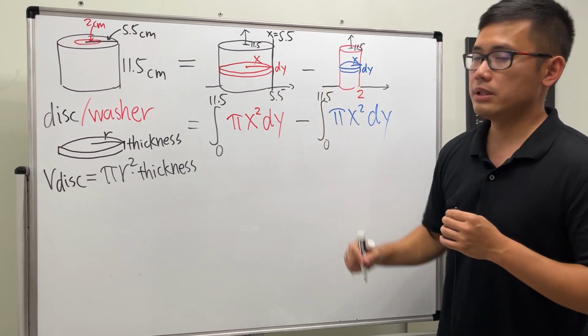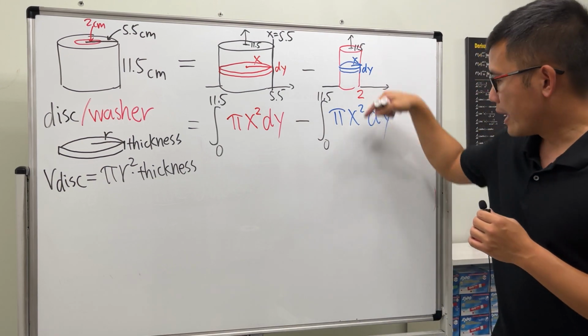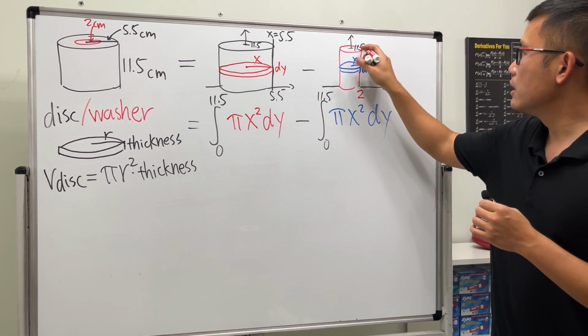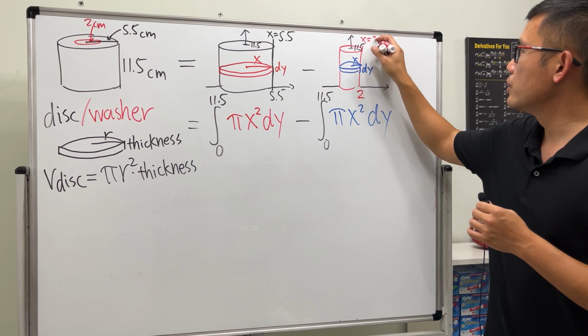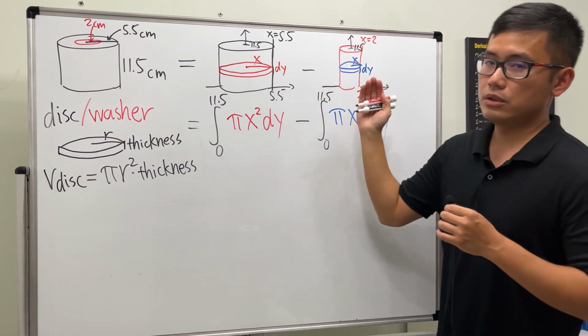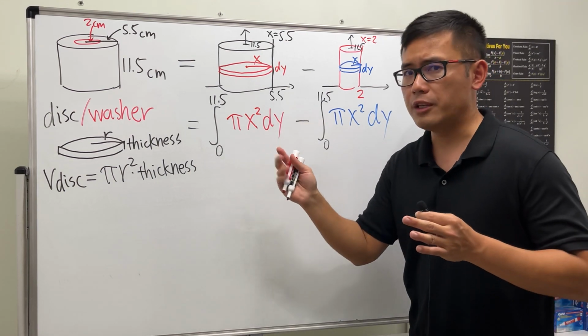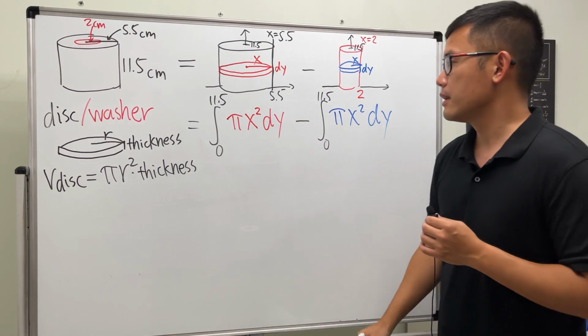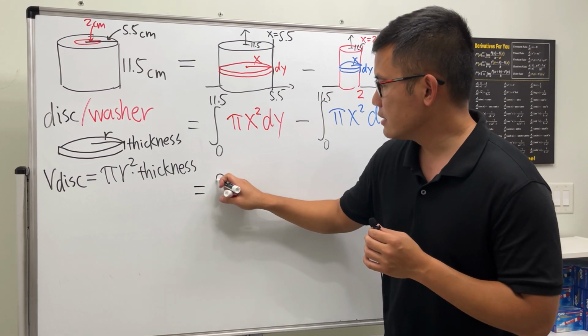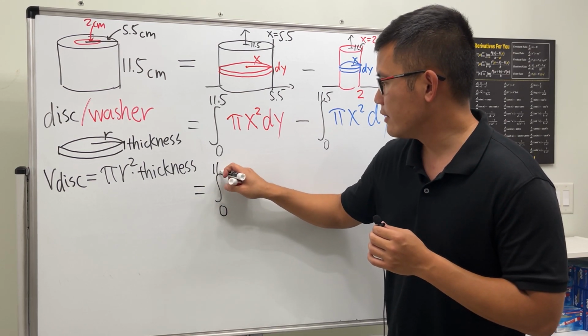So we can actually just put that right there. Similarly, right here, the x is just always equal to 2. It does not change throughout the process. Later on, when we are doing a curvy shape, you have to be really careful with that. But for now, we can just say this is the integral going from 0 to 11.5.